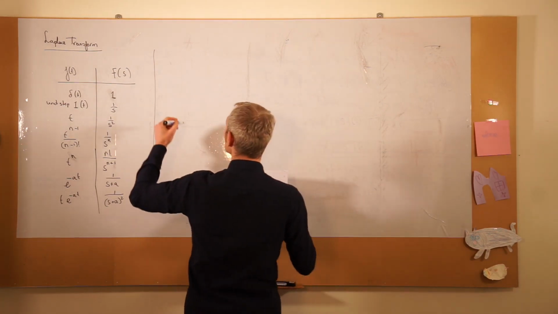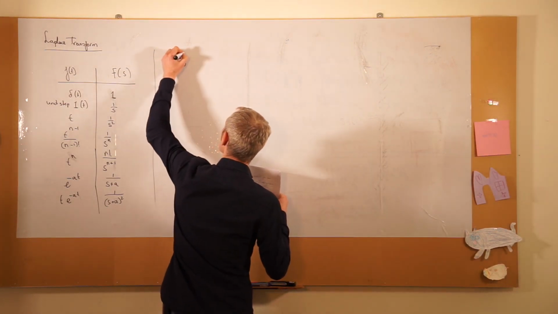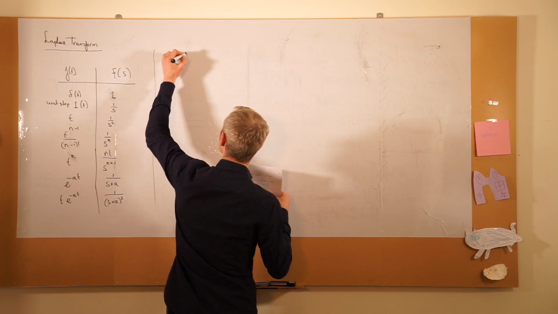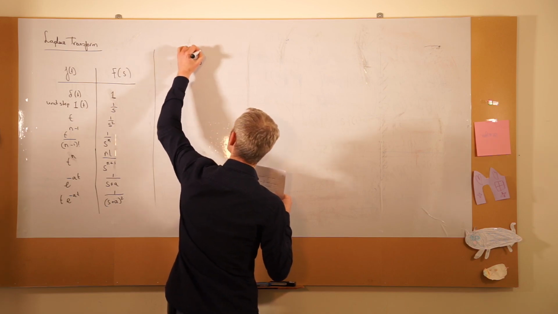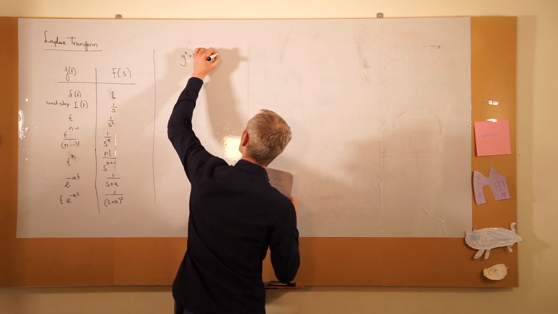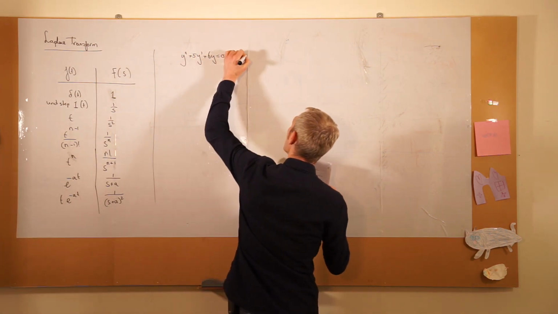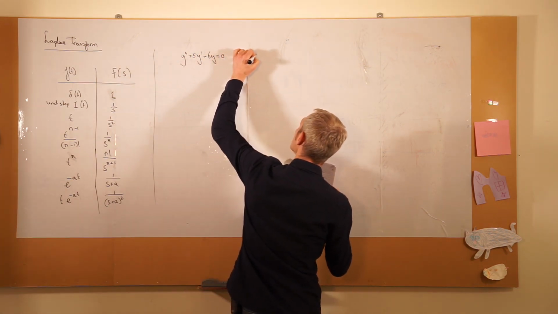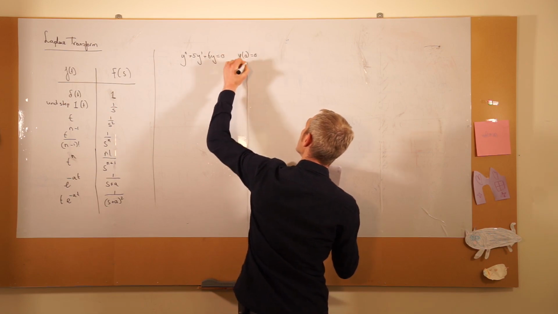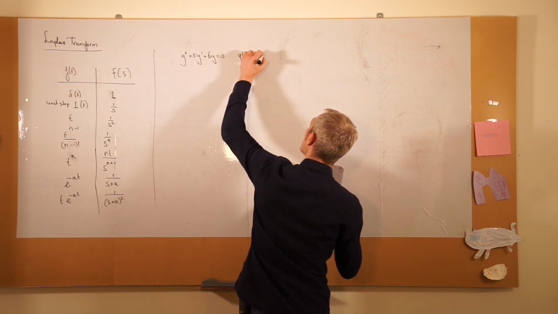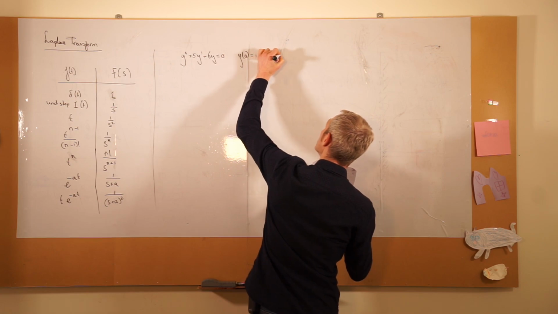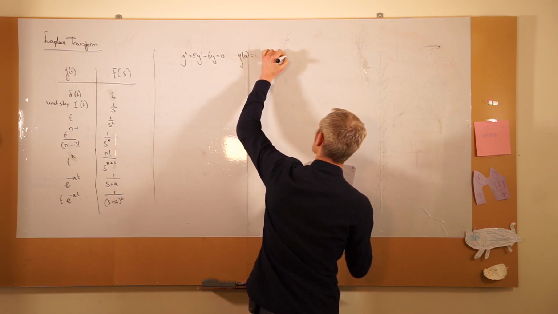We'll have a differential equation, y double prime plus 5y prime plus 6y equals 0, where y at 0 is equal to 1, and the first derivative at t is 0 is equal to 0.